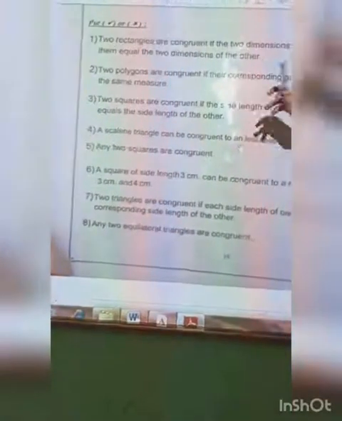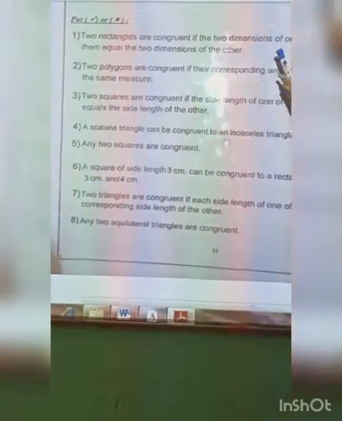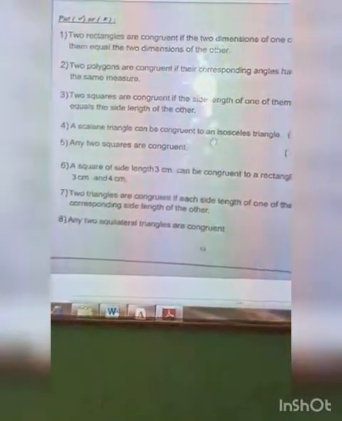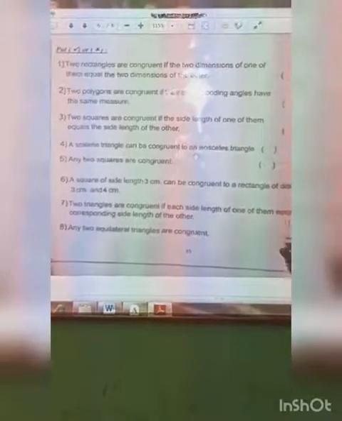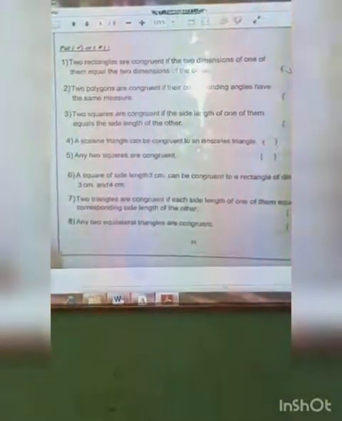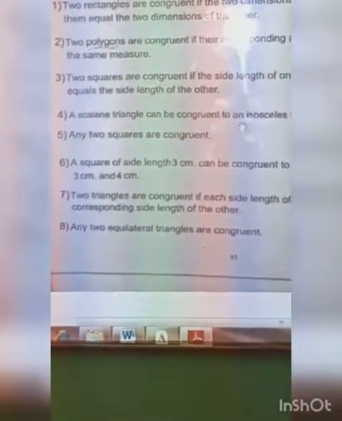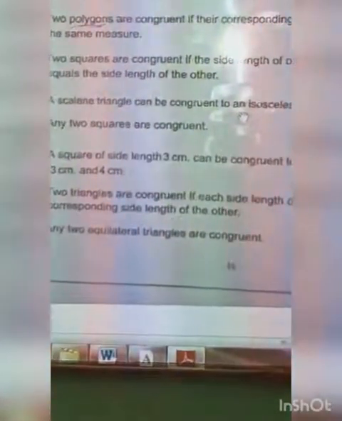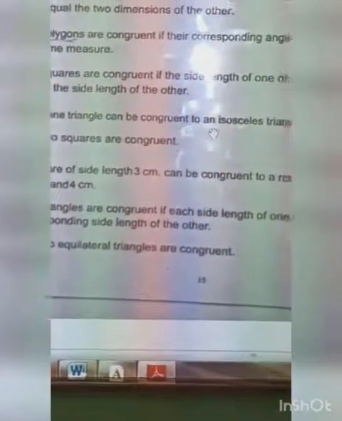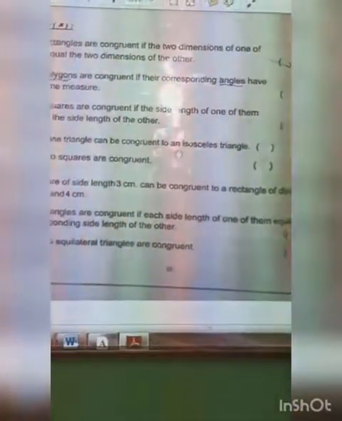Put right or wrong. Number 1, two rectangles are congruent if the two dimensions of one of them are equal to the dimensions of the other. Yes, it's right. Number 2, this is two polygons. It's not a special case. Two polygons are congruent if their corresponding angles have the same measure.